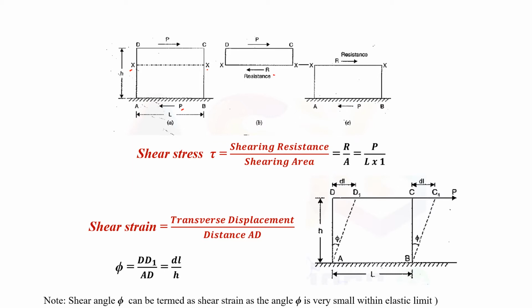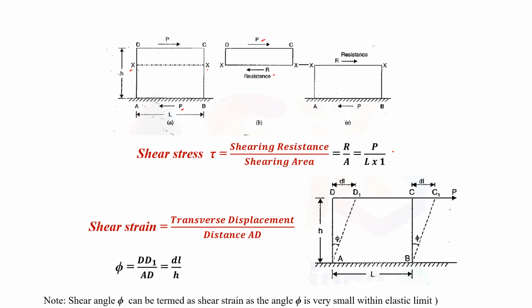Then shear resistance is equal to the force acting tangential to the surface, so it is given by P divided by L into 1.